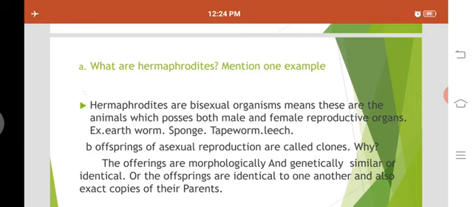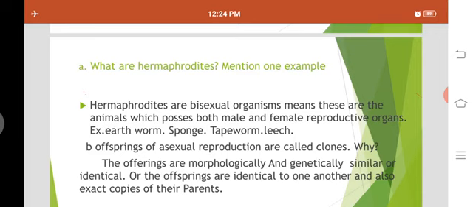Why have they asked this here? Because these offsprings are morphologically and genetically identical or similar to each other, and also they are exact copies of their parents, therefore they are called the clones. This answer you have to write. Repeatedly they have asked this question for 1 mark. Understood? Just see here the 2 questions we have solved: What are hermaphrodites?